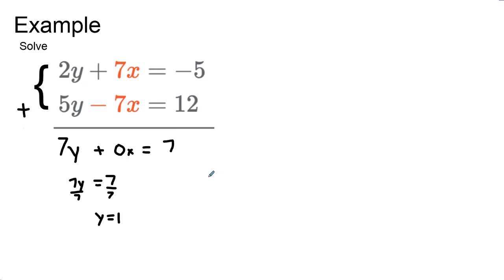So 2 times 1, because 2y, plus 7x equals negative 5.